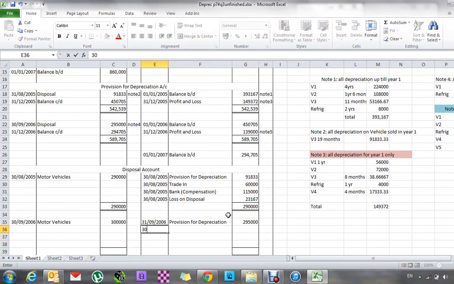The second disposal, same story. I need to work out the 30th of September 06. Bus number 1 is crashed, trading for 10 grand against a new vehicle costing 240. So I just get a trade-in of 10 grand.